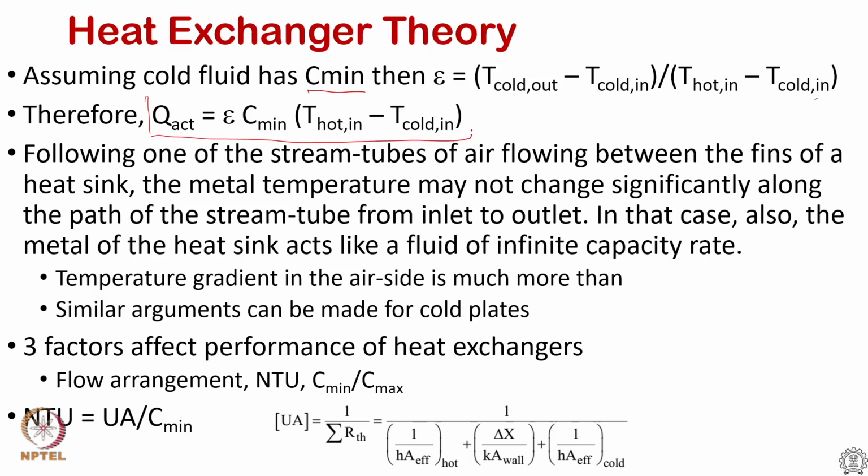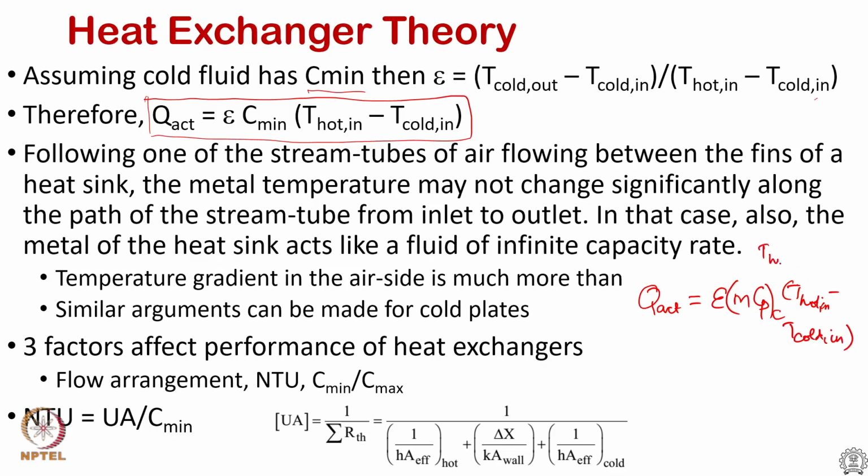So what it gives us is an expression in terms of Q actual: Q actual is nothing but epsilon times C min, or MCP of the cold fluid, times T hot, which is the maximum temperature of the surface, minus T cold in. Because we are already assuming that the hot side has T hot in equal to T hot out.